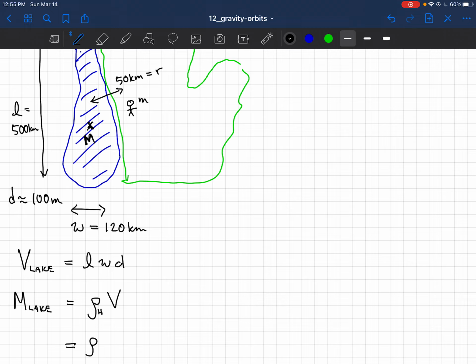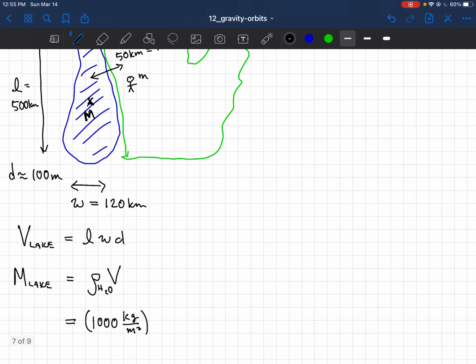And here we have just the density of water, and that density has a very nice value because we basically based our units of kilograms off of it. It's 1,000 kilograms per meter cubed. So once we calculate the volume, then we can figure out what the mass is.